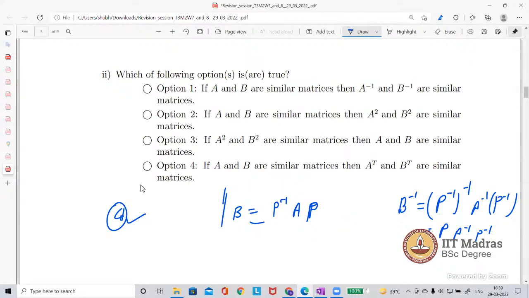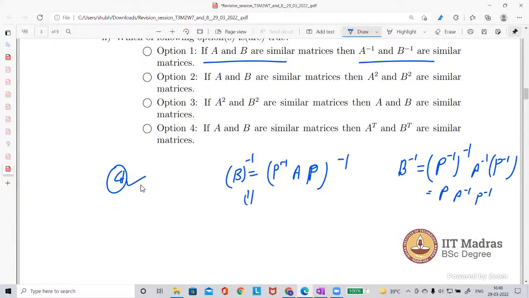You have this condition, and now you want this one. So let's take the inverse of both sides. This will not affect the equation. So it will be B inverse equal to, now what is the inverse of this whole?